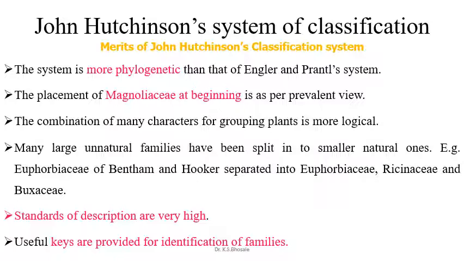The combination of many characters for grouping plants is more logical as compared to contemporary systems of classification. Many large unnatural families have been split into smaller natural ones. For example, Euphorbiaceae of Bentham and Hooker's system is separated into Euphorbiaceae, Ricinaceae and Buxaceae.